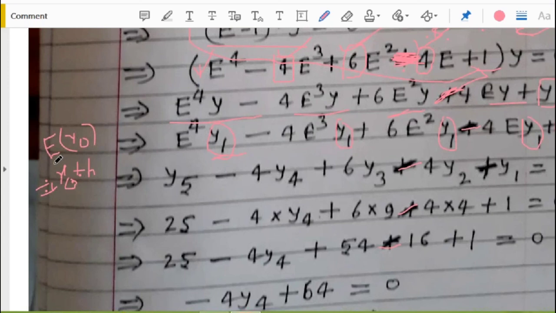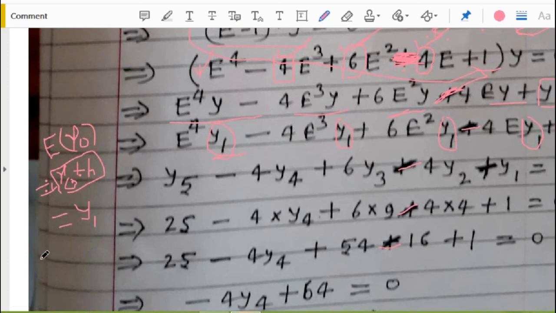So x naught plus h, one value you have got. So the first shift operator x naught plus h, if you work on the y naught, x naught plus h, this is what? You remember or not? You have forgotten. This is X1, y1. Is it clear?